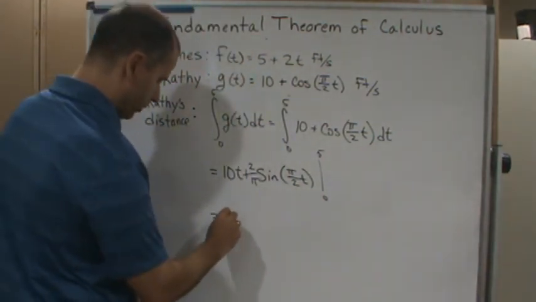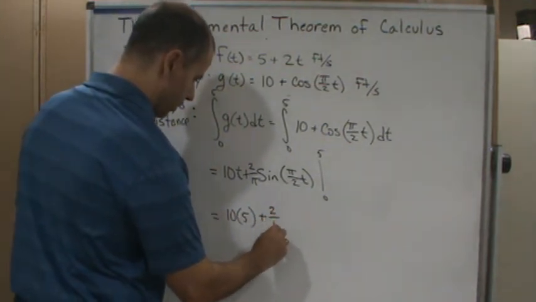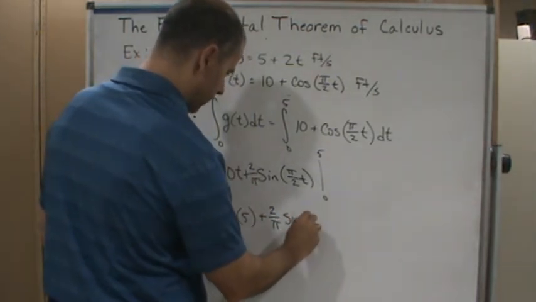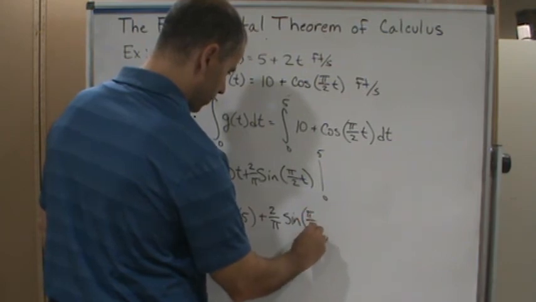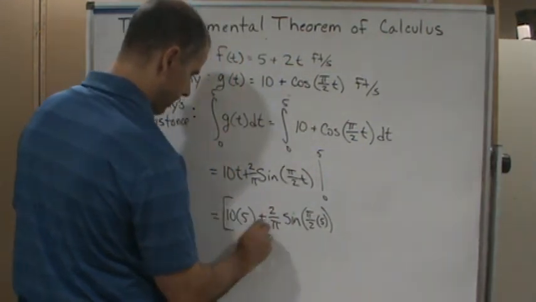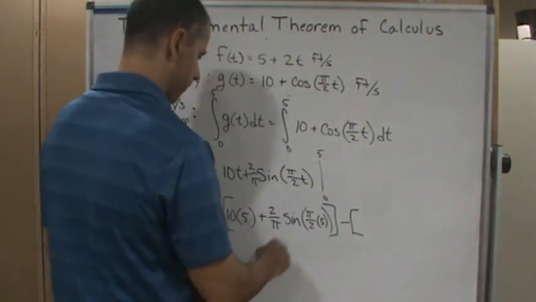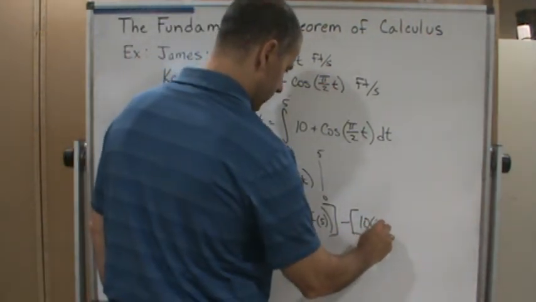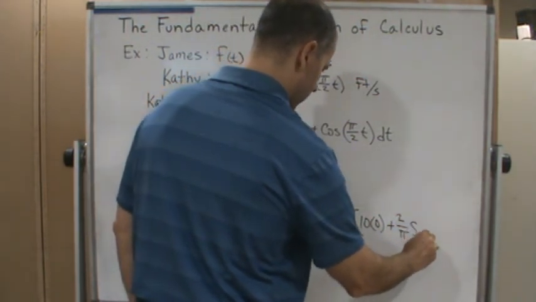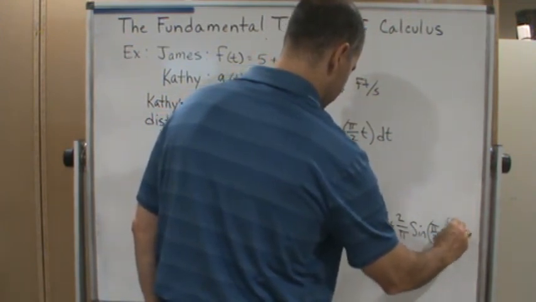This is going to be equal to 10 times 5 plus 2 over pi times the sine of pi over 2 times 5, minus 10 times 0 plus 2 over pi times the sine of pi over 2 times 0.